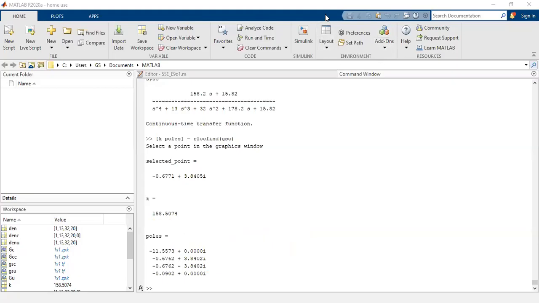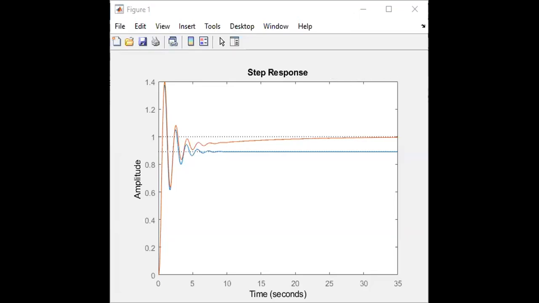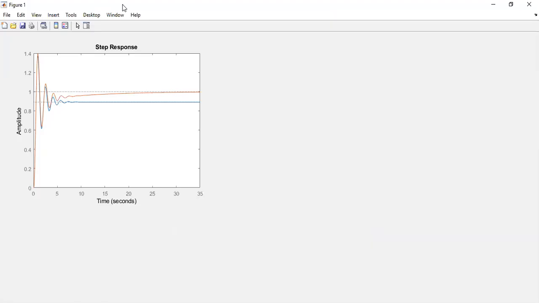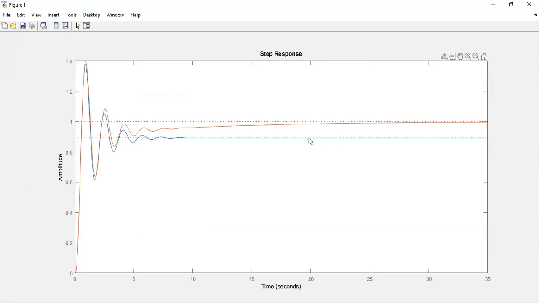For that, let's go to the other figure. This is the final output of both the cases. The first one, the uncompensated one, the blue one, has 0.108 steady state error, and the other one, the reddish one, is giving you zero steady state error.